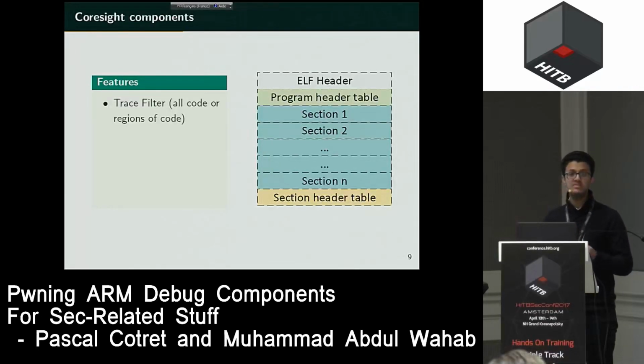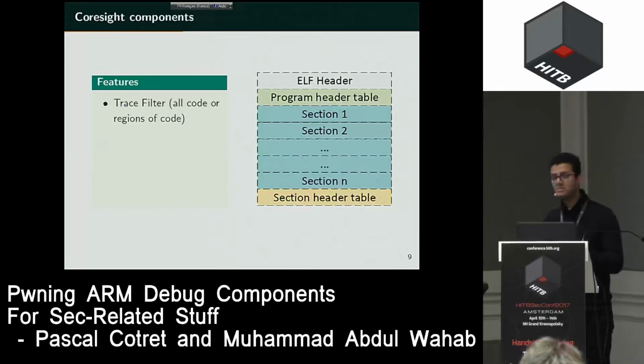We only want the trace of the .text section of our application. We don't want any further details. The problem with tracing all code is that it will generate huge amounts of trace, and we may not be able to find out on the FPGA side what is going on in our processor.